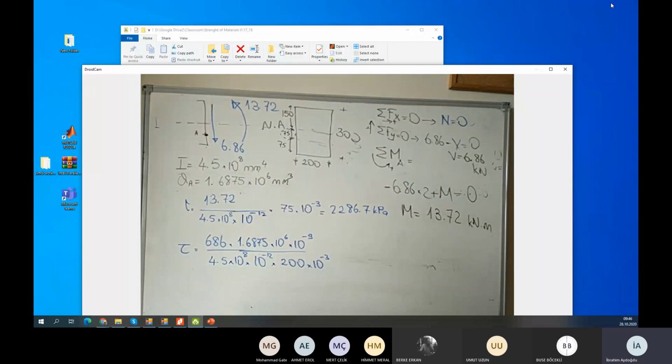Okay. So 6.86 times 1.6875 10 to power 6 times 10 to power minus 9 divided in parentheses 4.5 times 10 to power 8 times 10 to power minus 12 times 200 times 10 to power minus 3.